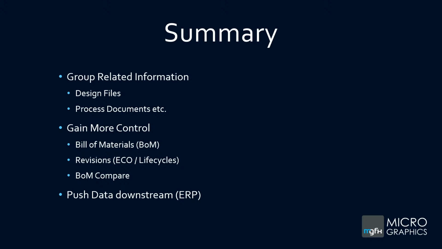So essentially, just in closing on our summary, why would you use items? Basically, to go back to the beginning, the use of items allows you to group related information together. You can take your design files, attach them to an item, attach any process documentation to an item.